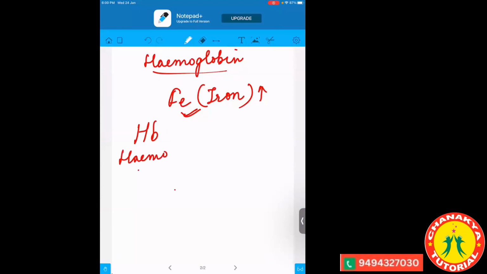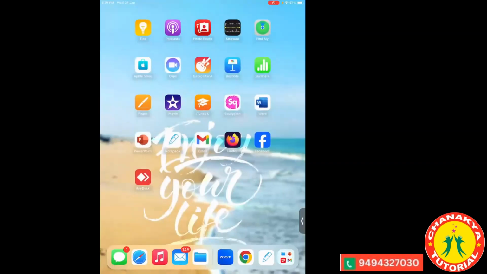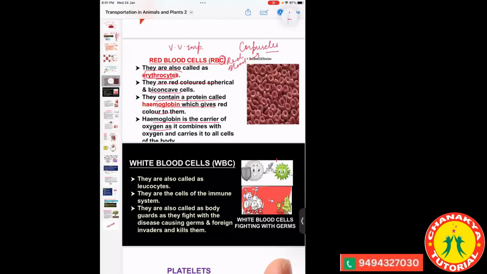This hemoglobin joins with the oxygen, and that is why it acts as a carrier. Hemoglobin joins with the oxygen and then transports it to the different parts of the body. That is the reason our whole body gets the oxygen, it is not only one part of the body getting it. Through the blood, our whole body system is getting the oxygen, because hemoglobin is helping the oxygen get connected and get transported to different parts of the body.